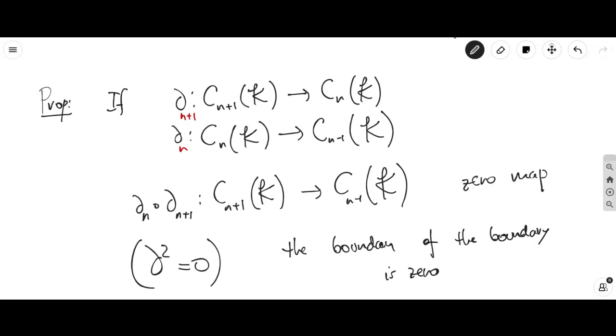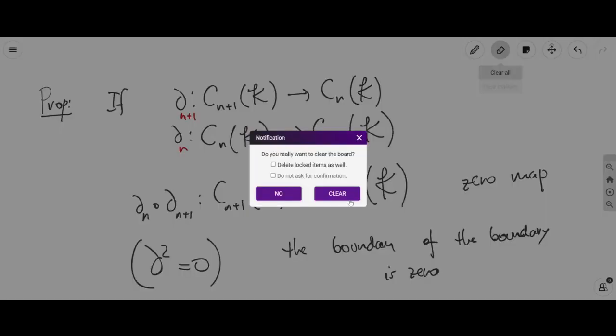Okay, and now with that, we can define what we mean by homology. So Hn of a complex is going to be a group simply because when you're working with chains, you're using formal addition.